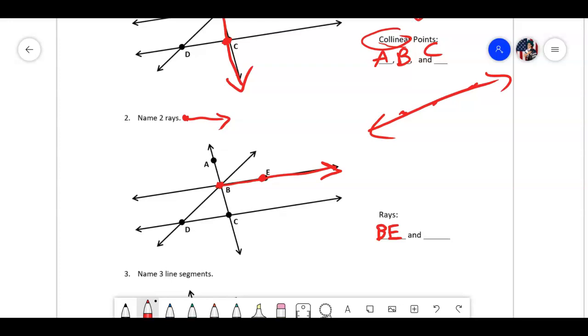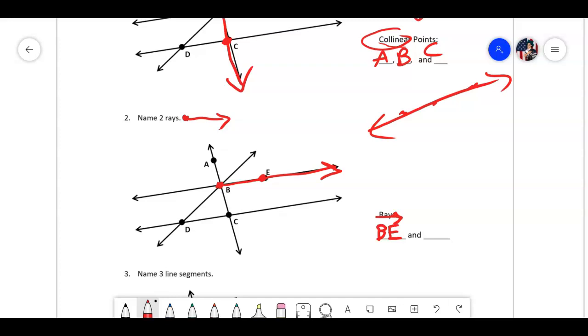If it's a ray, on top you need to put a ray. And it always points to the right, okay? So BE with one arrowhead going to the right, okay? I don't know if y'all can see that. Let's try that. Does everyone see it has one arrowhead, okay?